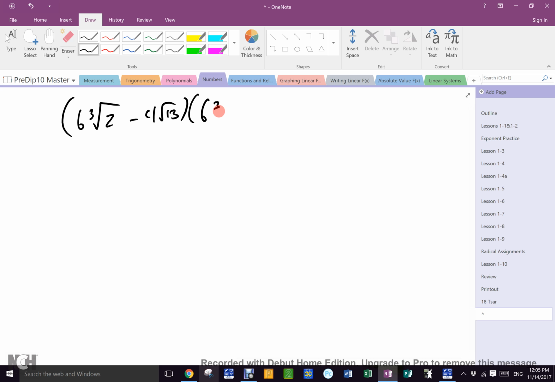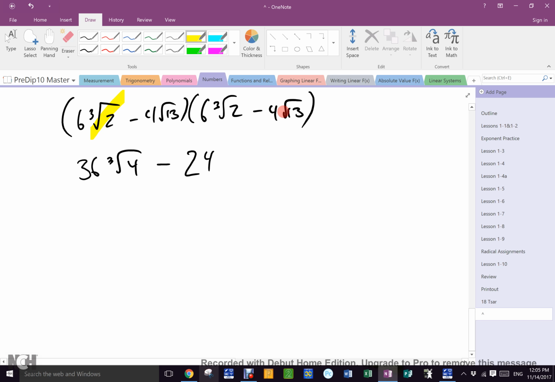6 cube root 2 times 6 cube root 2 is 36 cube root 4, minus 24. Now, this is where it gets weird, because can I put that and that together? No. So just as if it was x and y, you would write cube root 2 root 13.